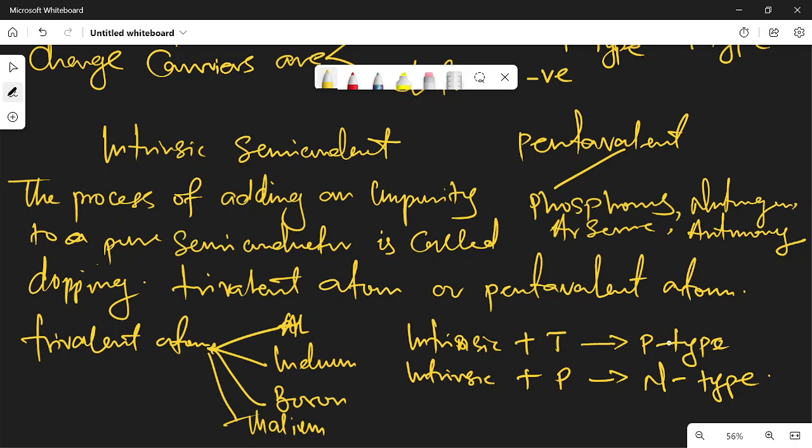For the p-type semiconductor, the major charge carriers are holes, and the major charge carriers for the n-type semiconductor are electrons. So the p-type has more holes compared to electrons, and the n-type has more electrons compared to holes.